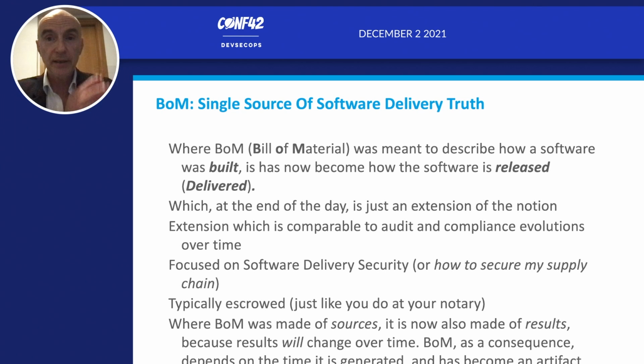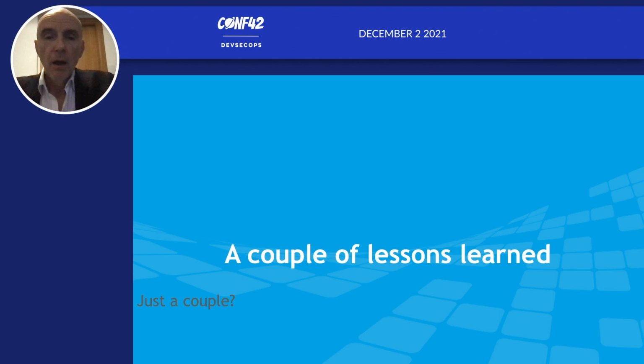It can change over time, so it's very important to make it immutable, so that I keep trace of all the scans, of all the different steps that were used to build my bill of material. So this is roughly the explanation and the presentation of what we did.